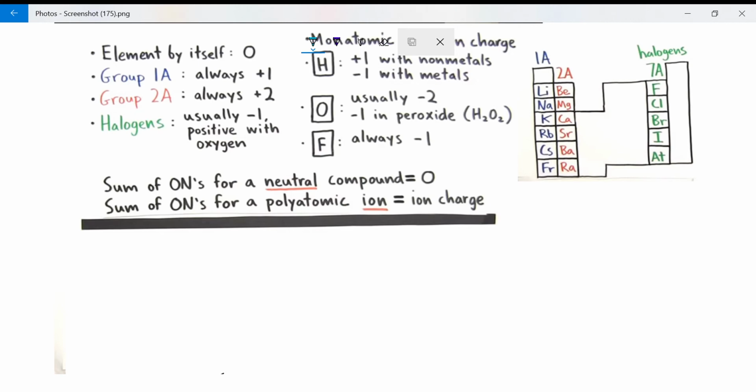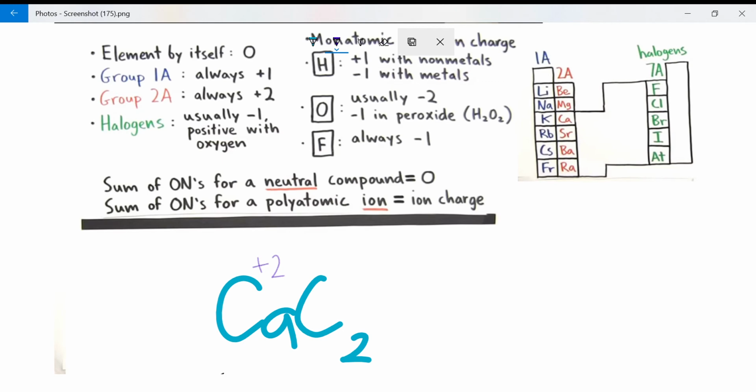Next we have CaC2. We have calcium, which is in group 2A, and in 2A it's always +2. So we can write a +2 here. It does not have a number below, so just leave it at +2.